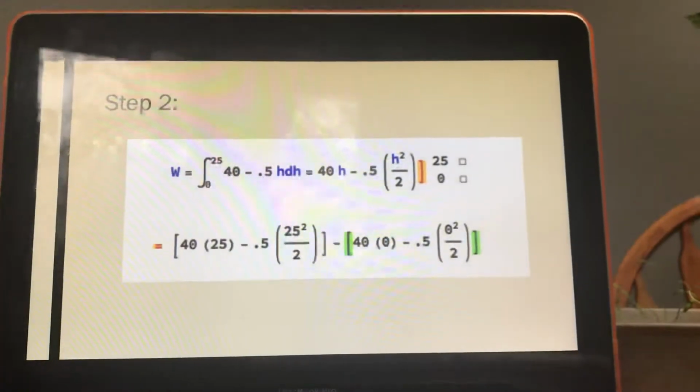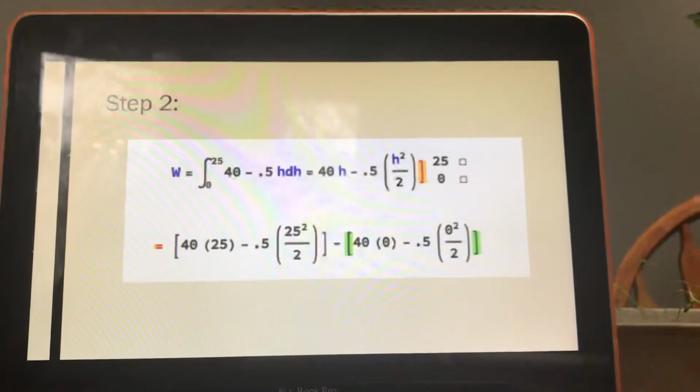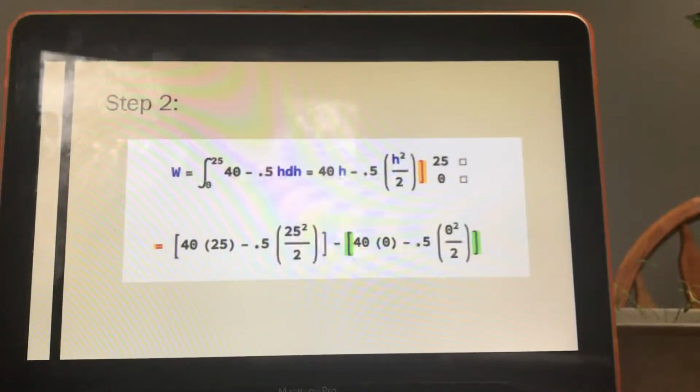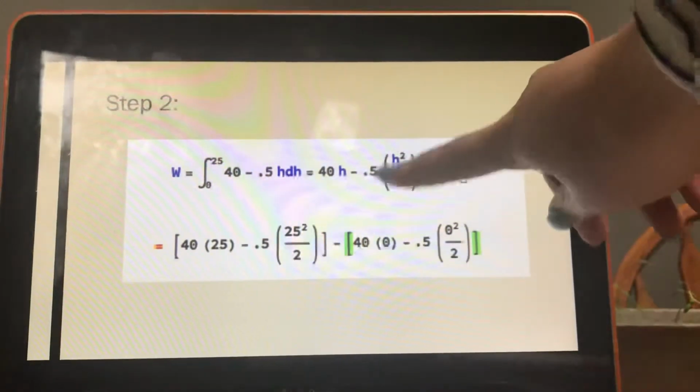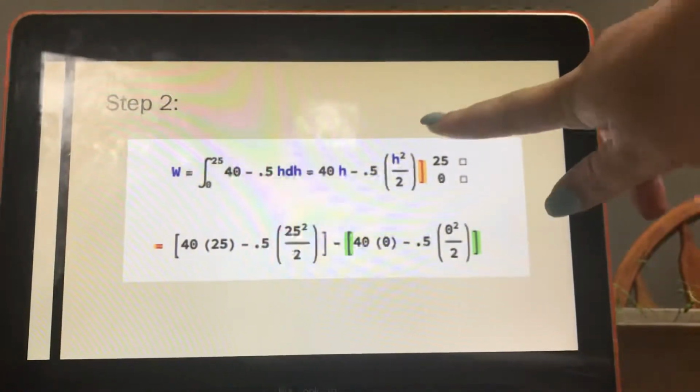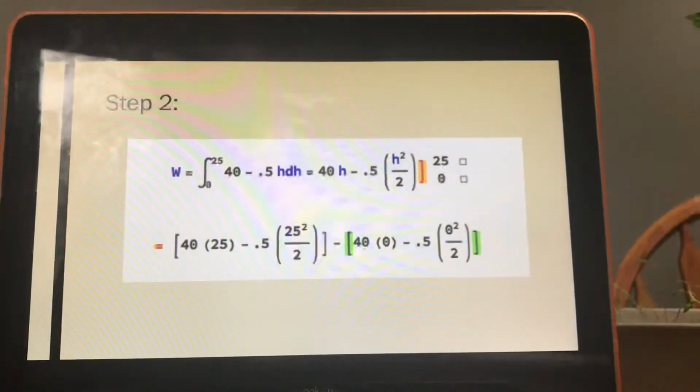So the next step is we need to integrate the weight of change. So we have 0 to 25. So we have our 40, which is our weight, minus 0.5 times height, with respect to height. So we have 40h minus 0.5, and then we're going to do our h squared divided by 2 with respect to h, and we have our 0 to 25.